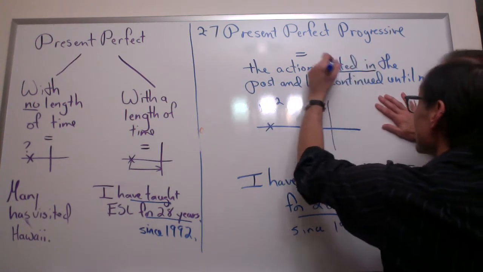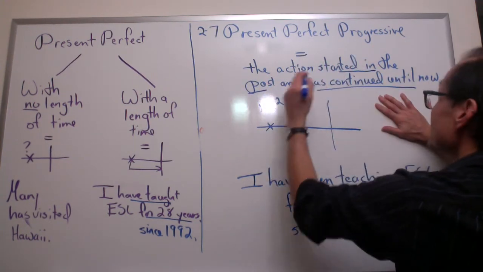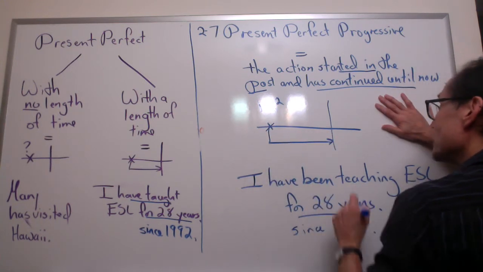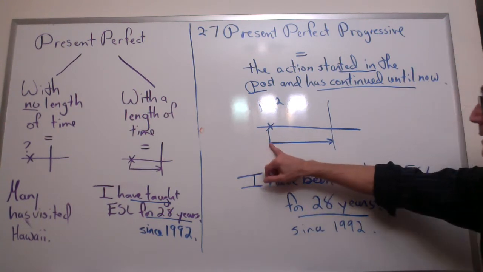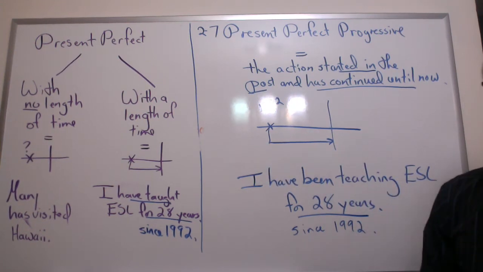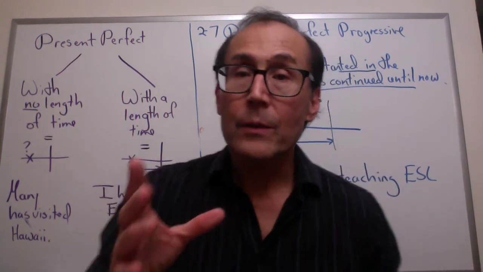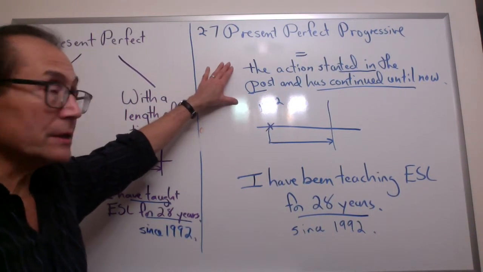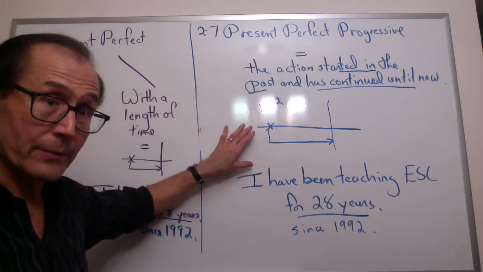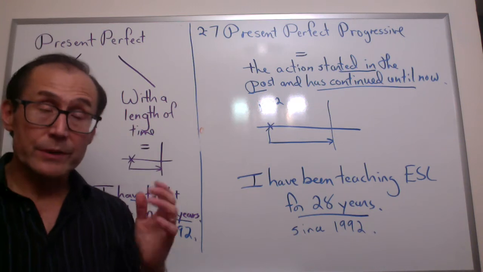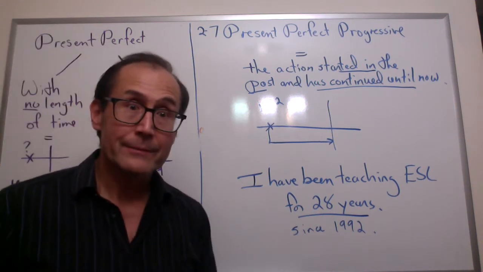That's the first part of the meaning. And it has continued until now, or sometimes almost until now. So I started teaching in 1992, and I have continued until now. Okay? So, present perfect progressive always means the action started in the past, continues till now. Present perfect has different meanings, depending on whether I use a length of time or not.